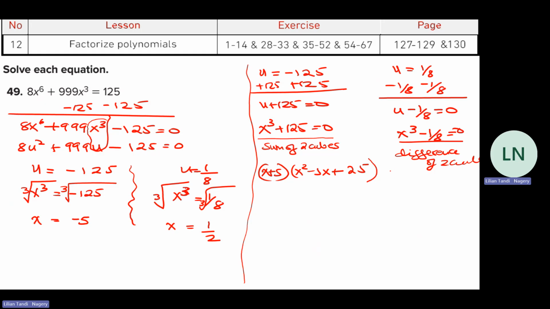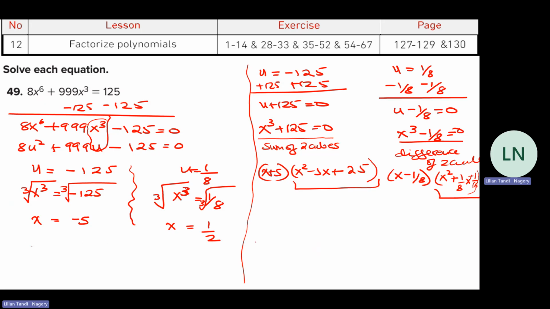And this should be x minus 1 over 2, and this should be x squared plus 1 over 2 x. And then what should this be? Square this, 1 over 4. Okay, solve this and solve this in the calculator.